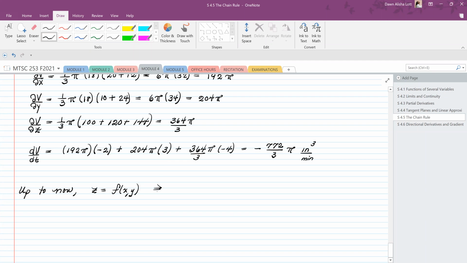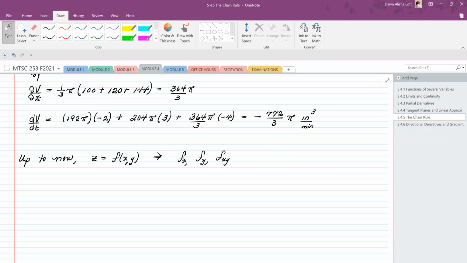We were able to find the partial derivatives: f sub x, f sub y, f sub xy. We could do all that, right? Well, now what happens if you have a function that's not written nicely so that you can take derivatives? So now we want to do implicit differentiation.